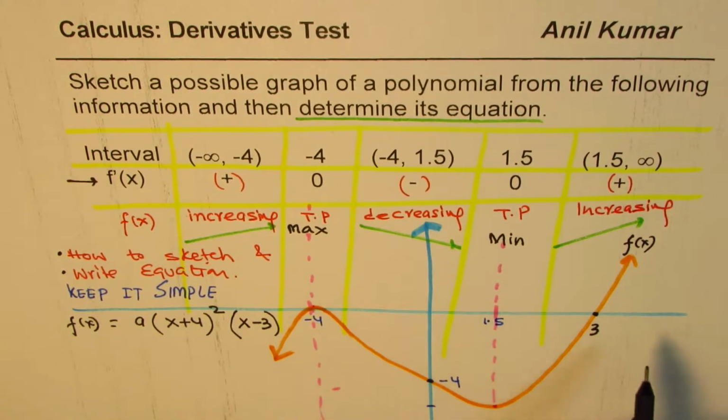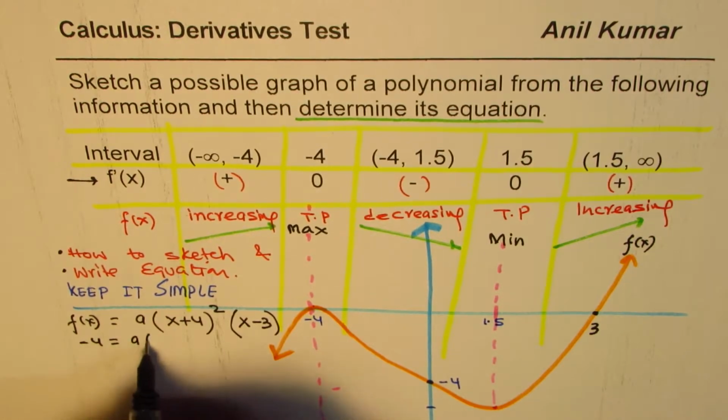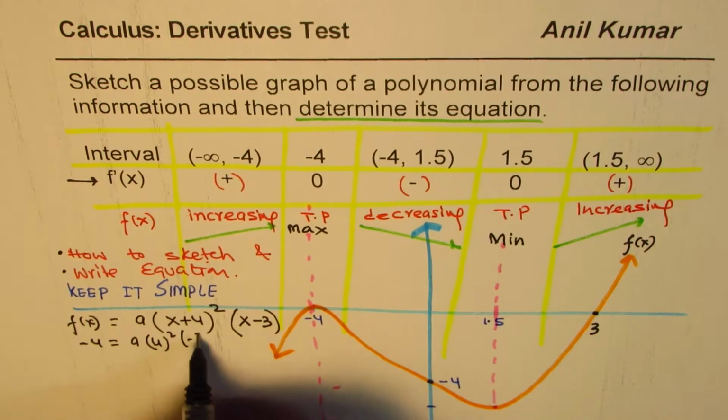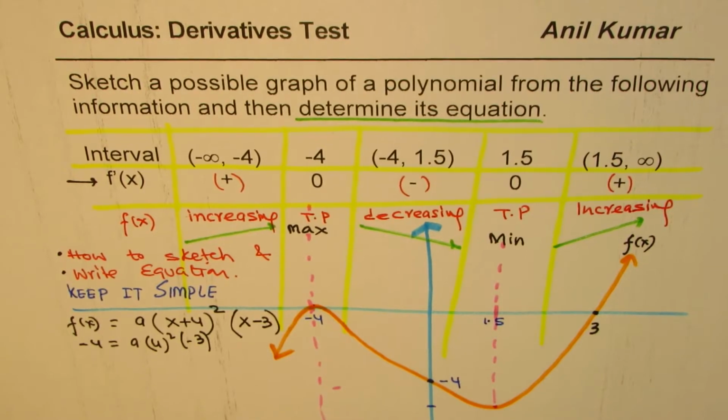So I just took some general points. So f(0) = -4 equals a times, x is 0, that means 4 squared, and this is -3. Is it okay? Substituting x equals 0.